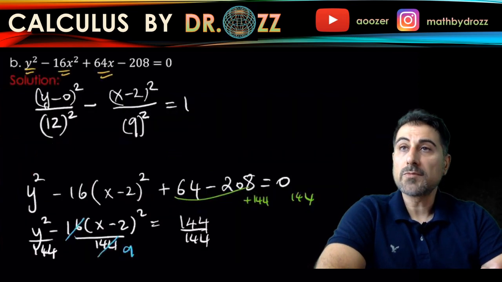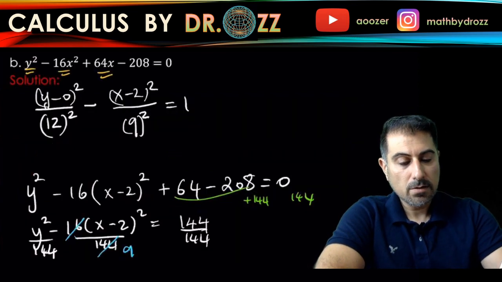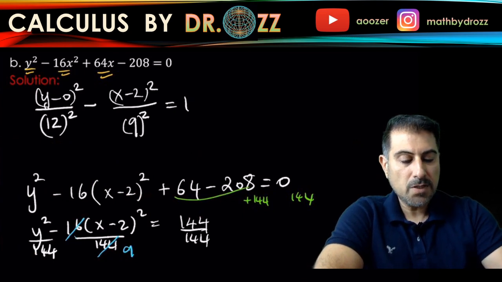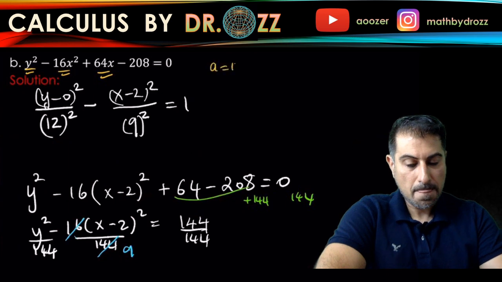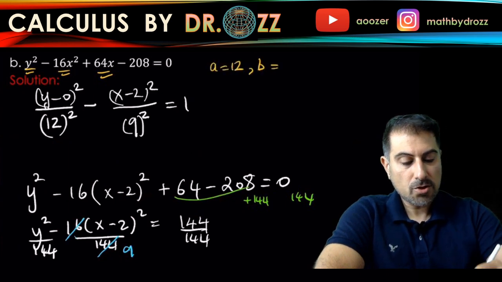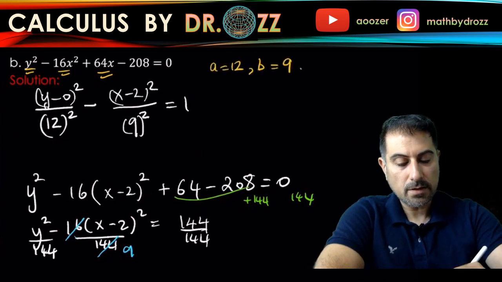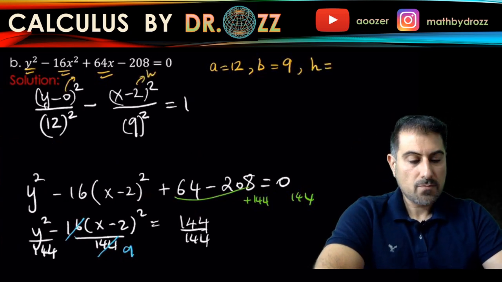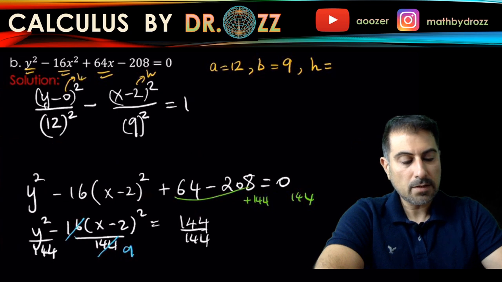Let's write them down. We have a exactly equal to 12, and b is 9. h is this guy here, and k is this guy here, so h is 2 and k equals 0.